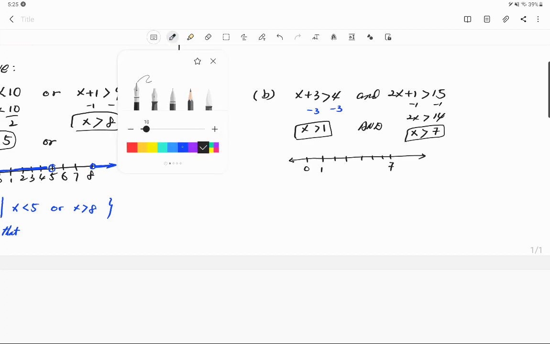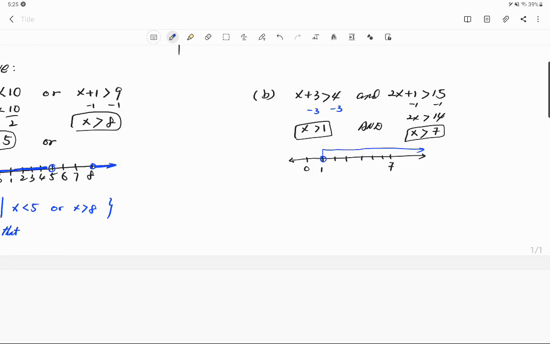Let's draw. x is greater than 1 means go all the way to the right. And the second inequality is x is also greater than 7, right? x is greater than 7. So what's the common area? The common area is where the blue and the red parts overlap.